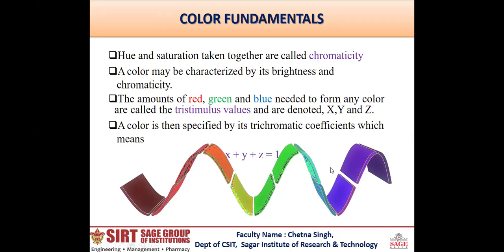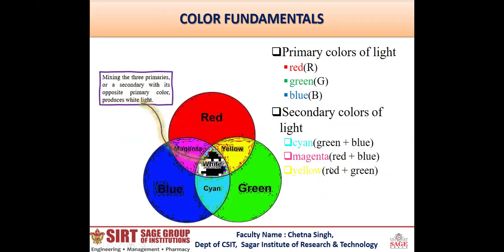Here you can see it in the image. The primary colors of light for color fundamentals are red, green, and blue for the RGB model, and the secondary colors are cyan, magenta, and yellow. Here you can see in the figure, these are the prime colors: red, green, and blue. When we mix red and blue, it will produce the magenta color.